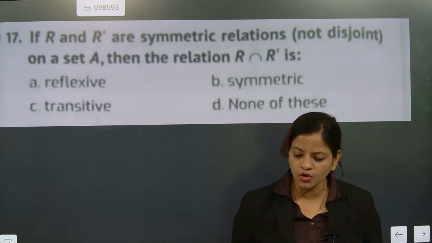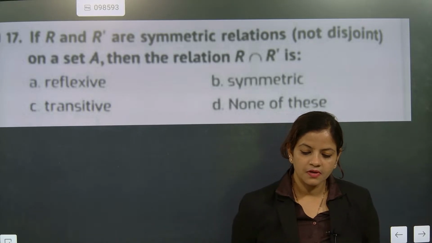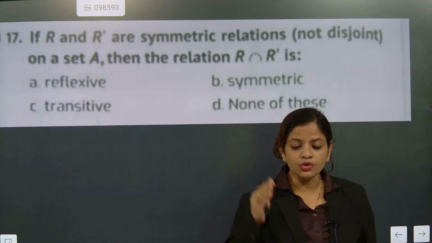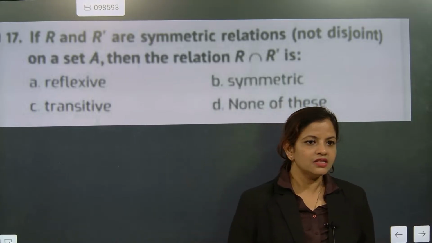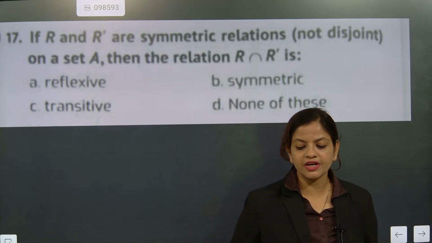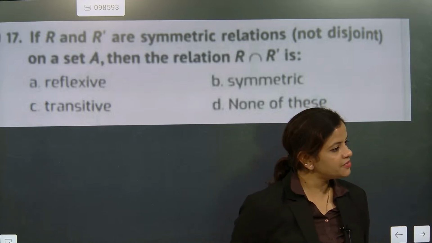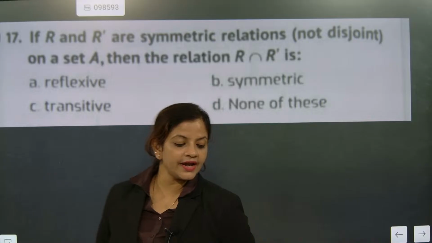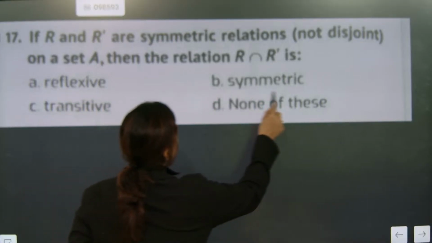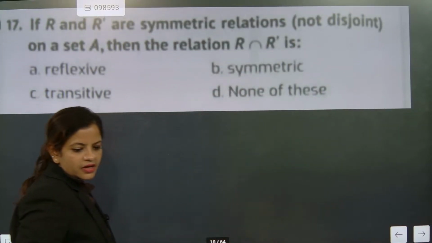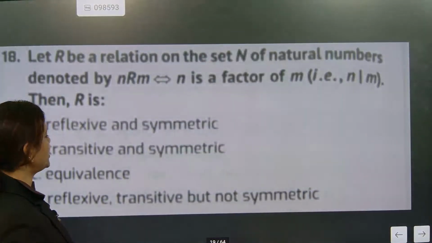If two sets of elements are symmetric, then its intersection will be symmetric or not? The answer is yes, it will be symmetric. Well done, very good. So the correct answer will be B. Yes, it will be symmetric.